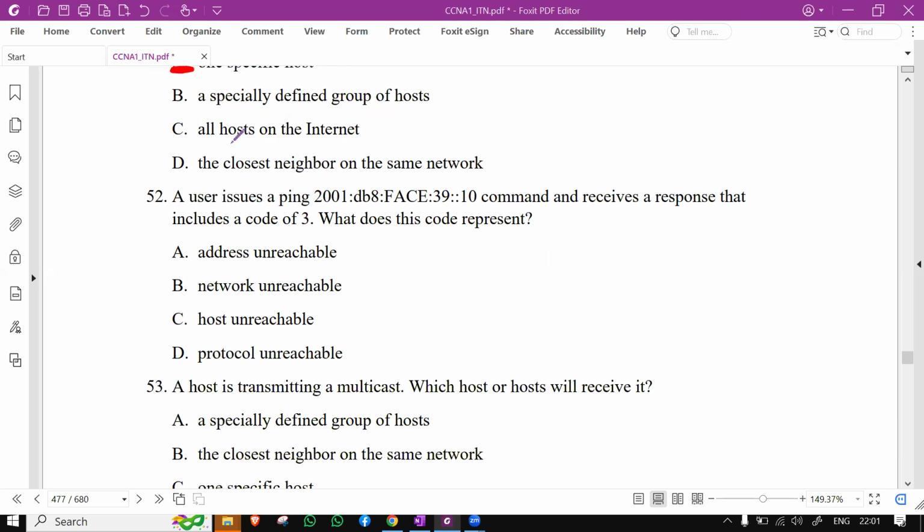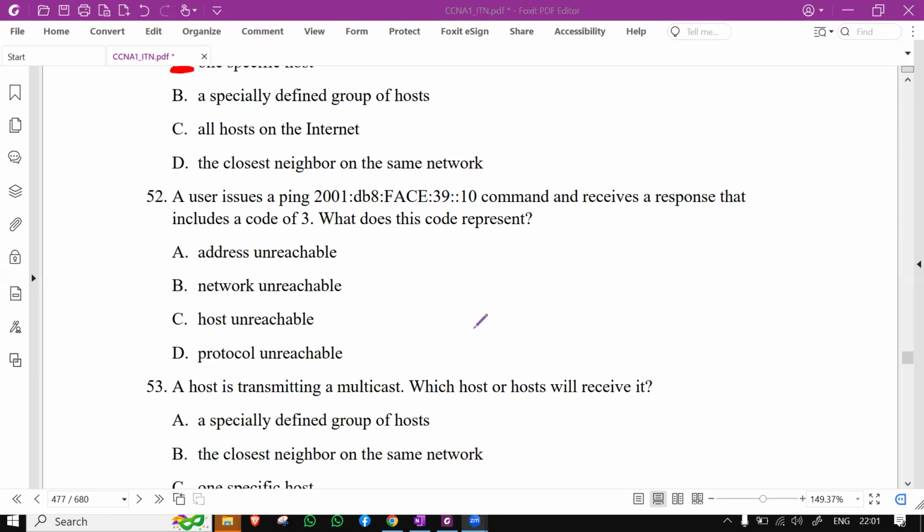52. User issues a ping, receives a response that includes a code 3. What does this code represent? IPv6 again. D, protocol. I'm so familiar with IPv4.